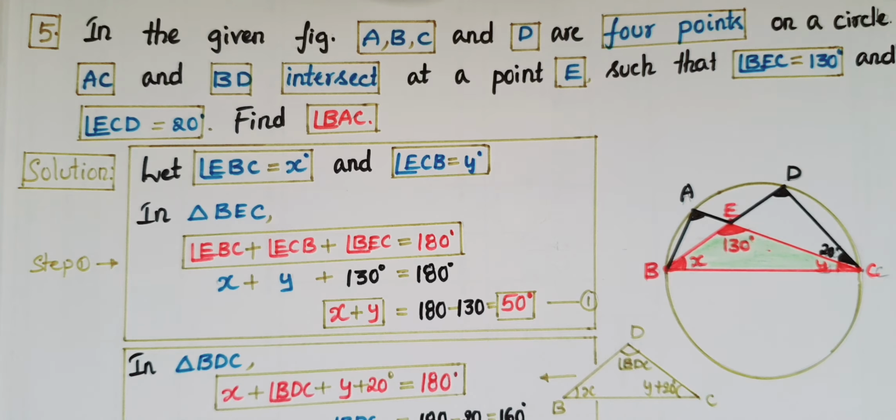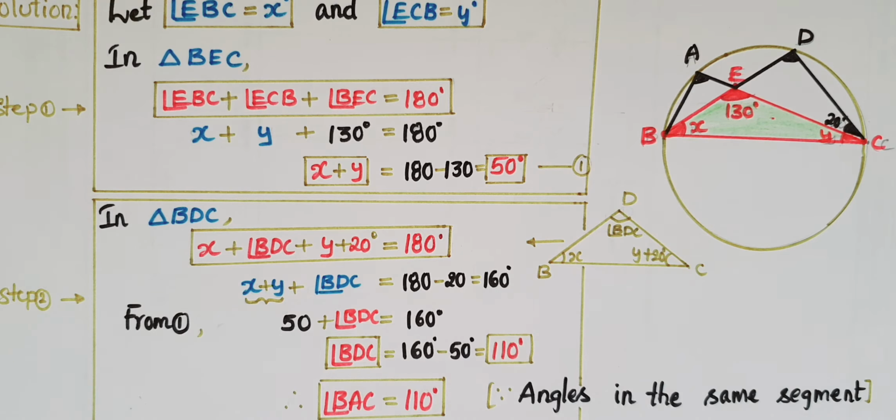This is the first equation. Next we have to take this triangle, because we know this angle 20 degrees that is given in the problem. In triangle BDC, we know that the sum of angles of the triangle is 180. So in triangle BDC, this angle is x, plus angle BDC, plus this angle is y plus 20, because this is 20 degrees and this is y.